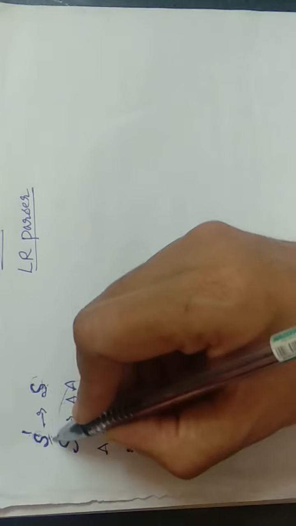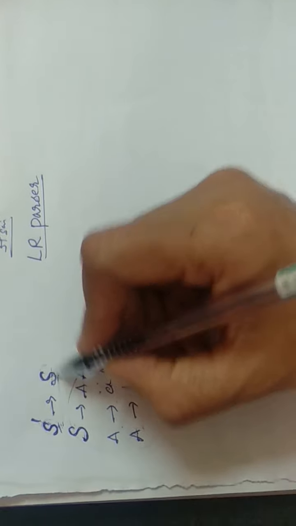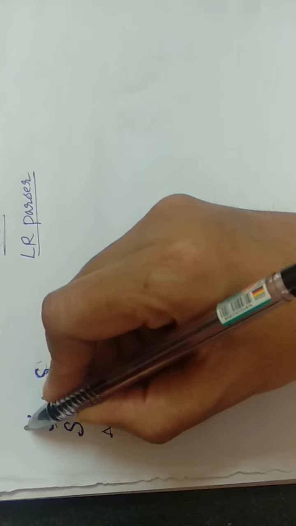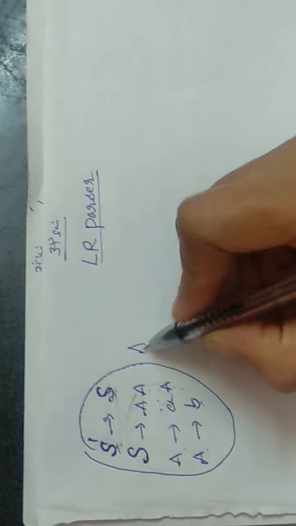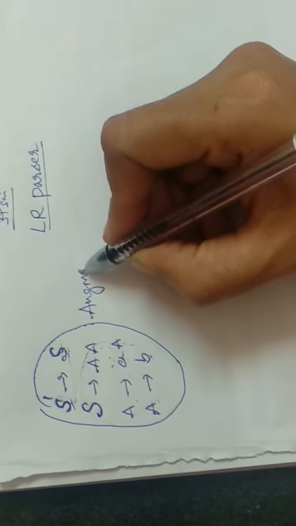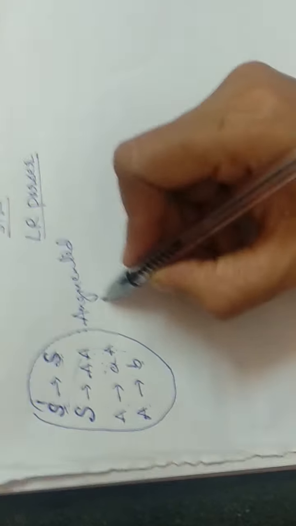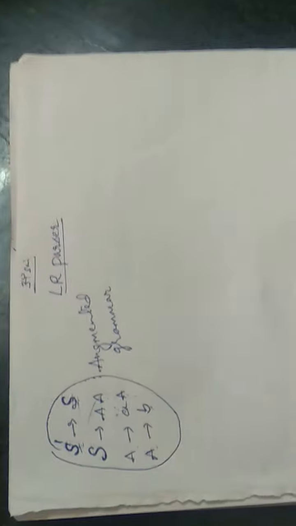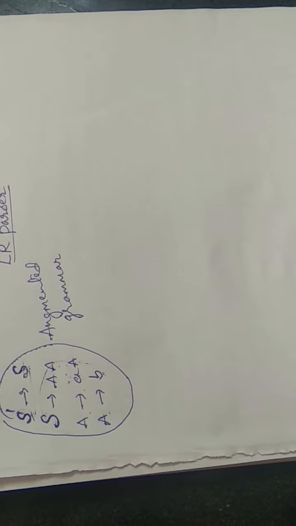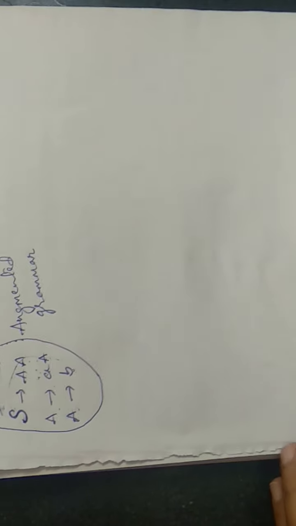When you introduce a new production here, this complete grammar becomes the augmented grammar. From this augmented grammar, now we can write the canonical set of items.